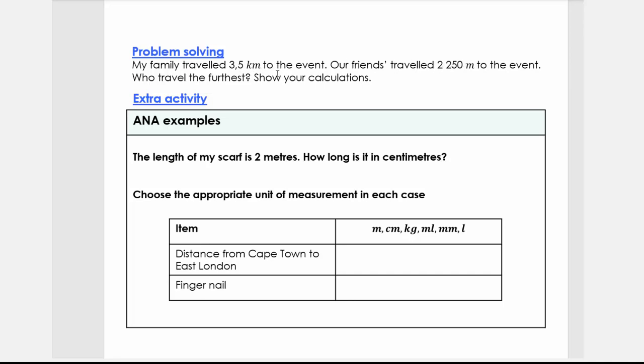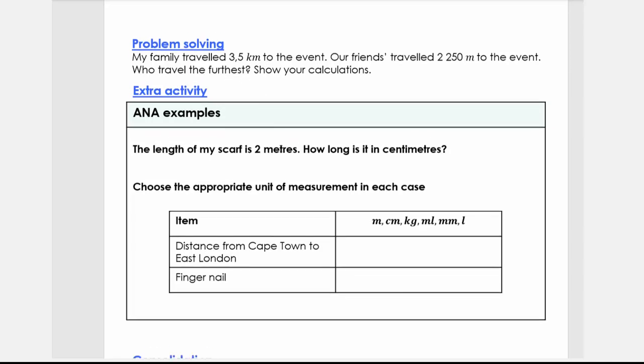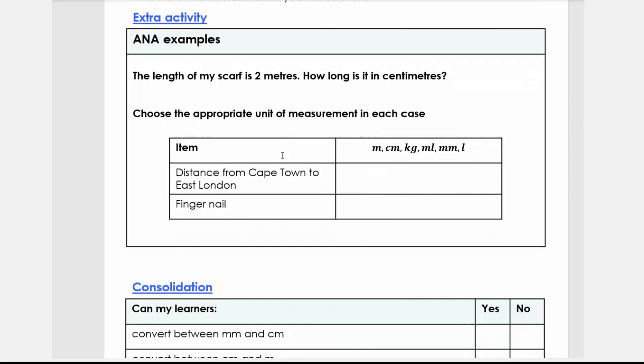So you work in meters or only kilometers. In this case, it's easier to work in meters. Then determine what basic operation you're going to use. That is plus, minus, multiply, or divide. And then you do your problem solving. Then this example is coming from an old exam or test paper. Do this as well.